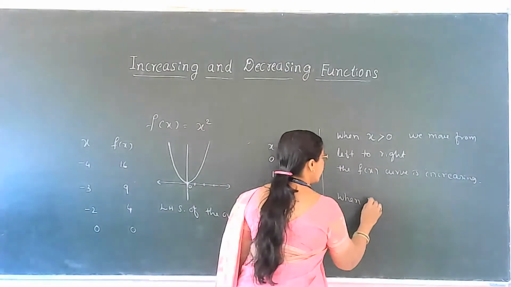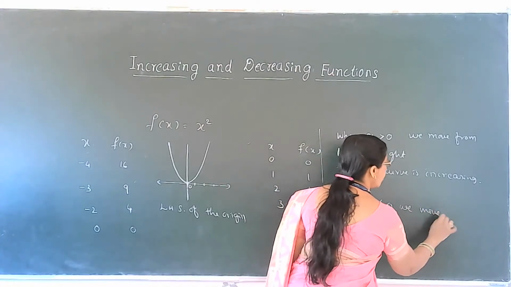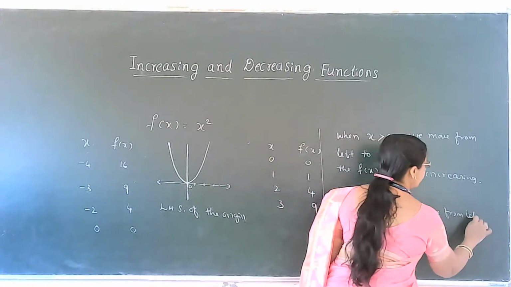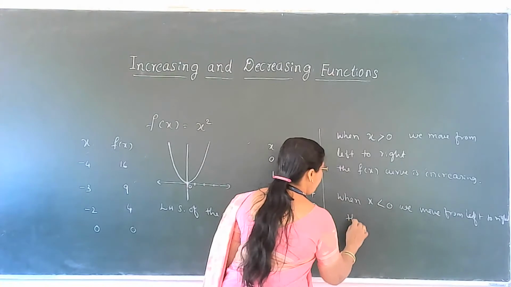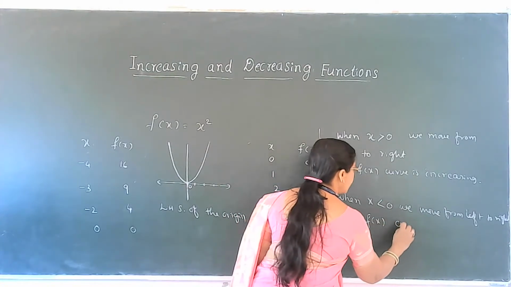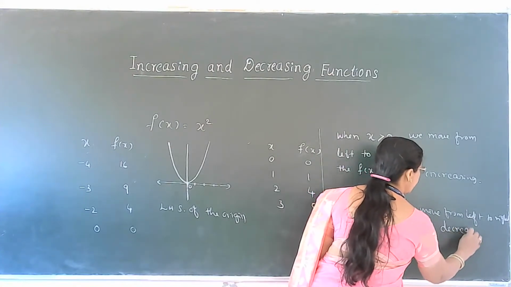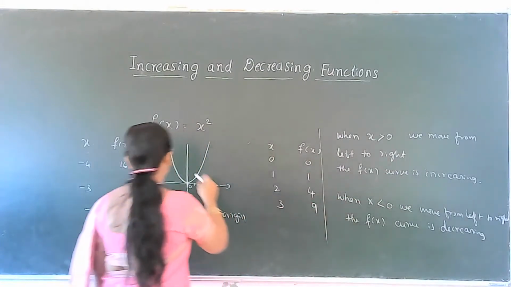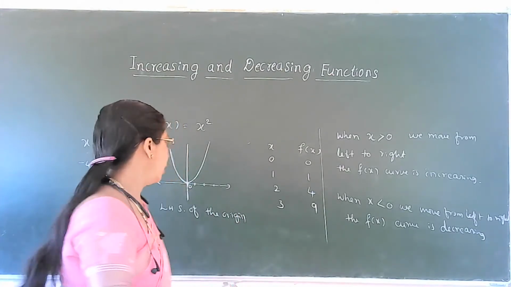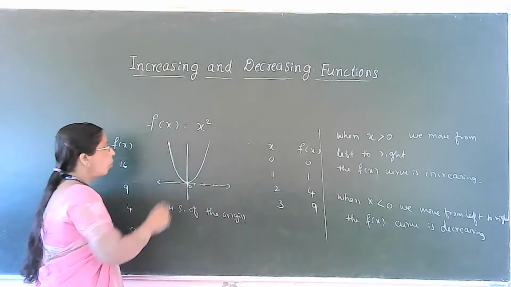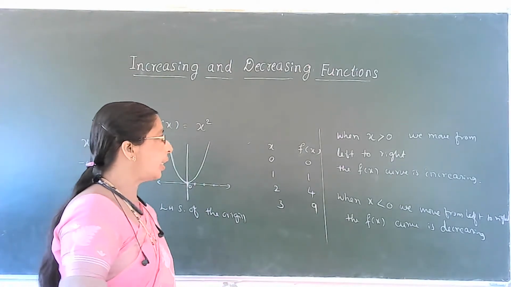When x is less than 0, here also we move from left to right. The f of x curve is decreasing. The height of the graph is decreasing. Here the height of the graph is increasing.